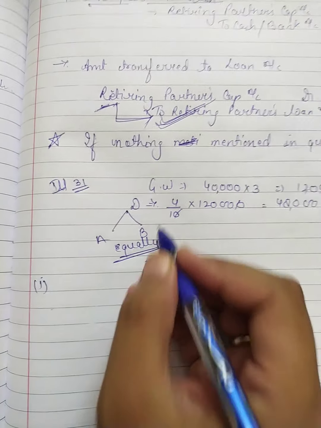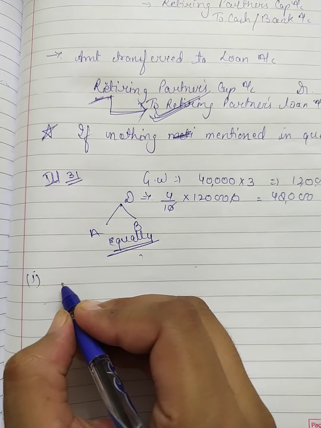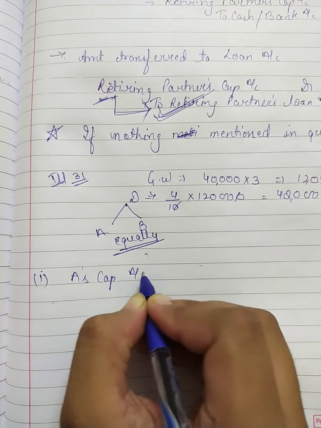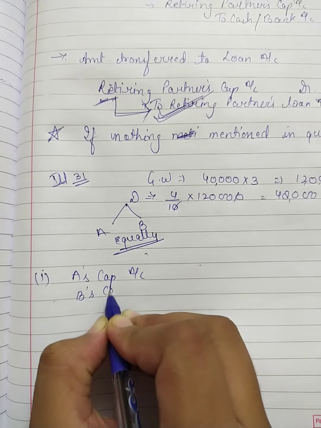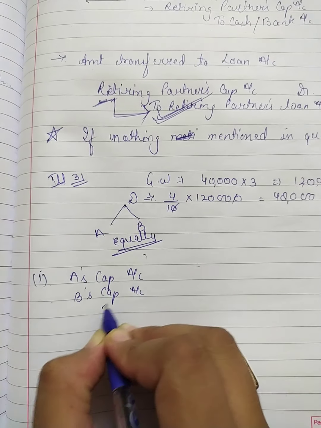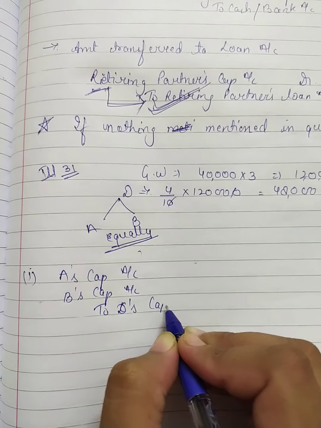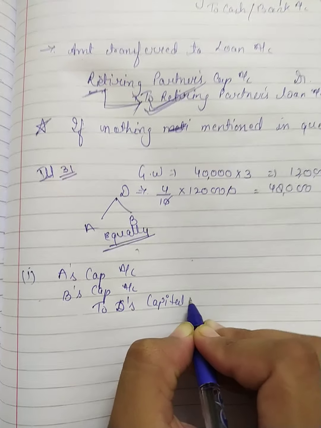First entry we will make the goodwill entry. So it will become A's capital account, B's capital account, to D's capital account.